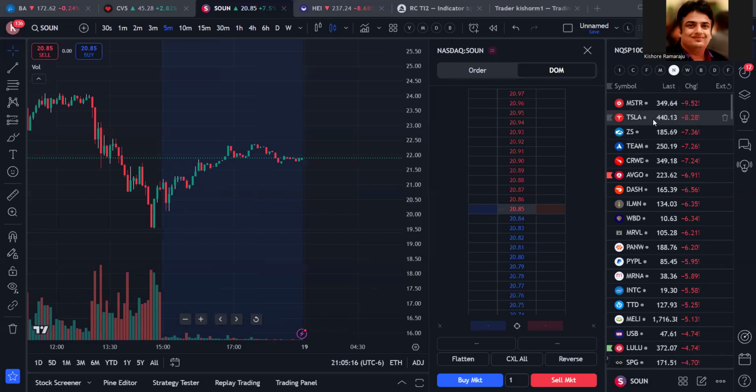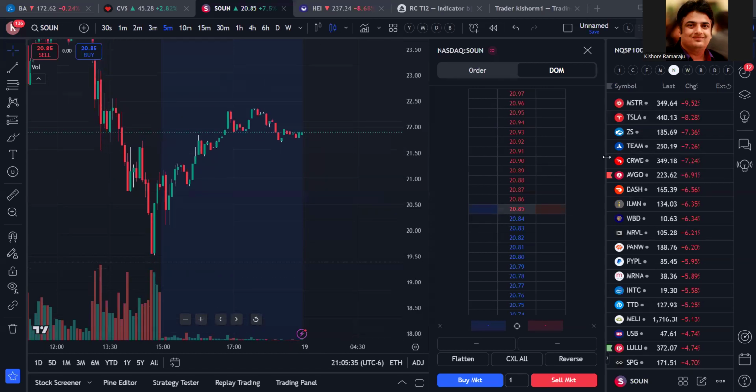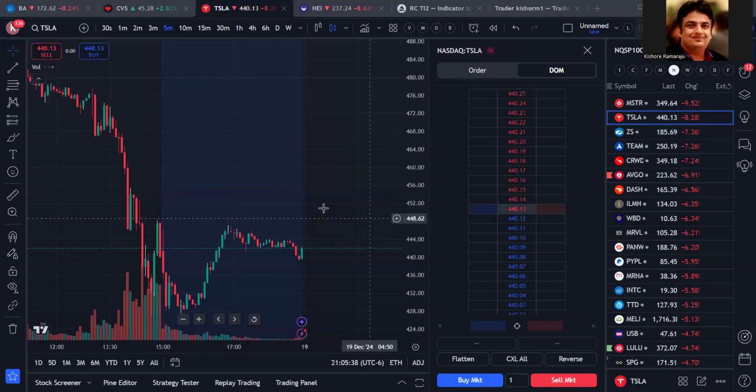This morning people were buying at $490. Now it is at 440. So whatever, the FOMC will be over by tomorrow morning, and again people will be ready to buy at 440, 185, 250, 349. So yes, tomorrow is a good opportunity in pre-market if you see some good reversal.